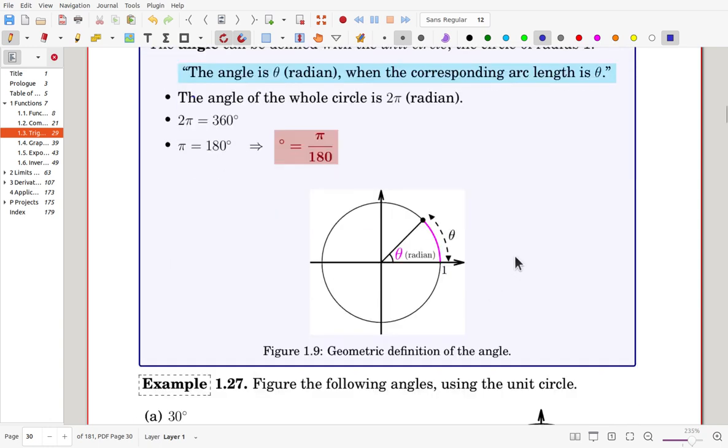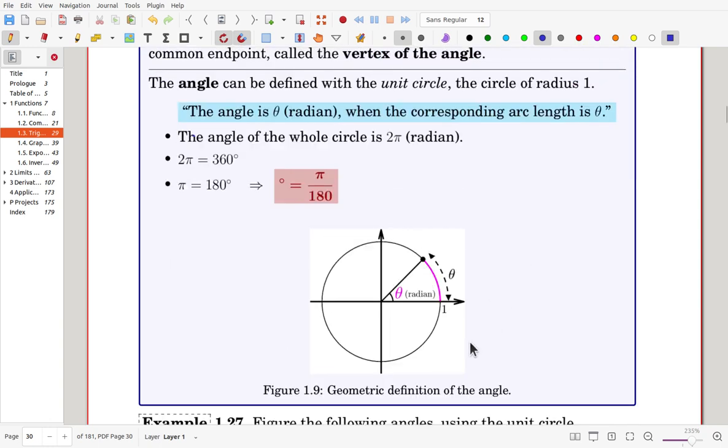In this figure, for example, for the circle of radius 1, once this arc length is theta, then we say the angle is theta. Of course, the line segment is made from the origin to some point on the circle.